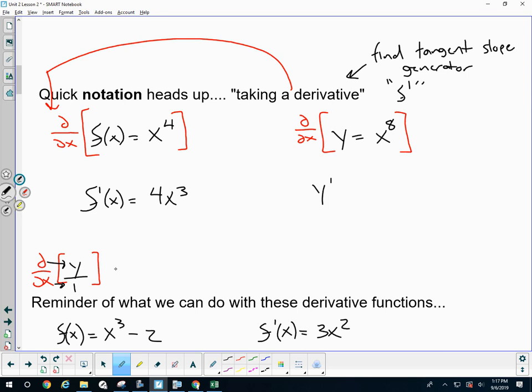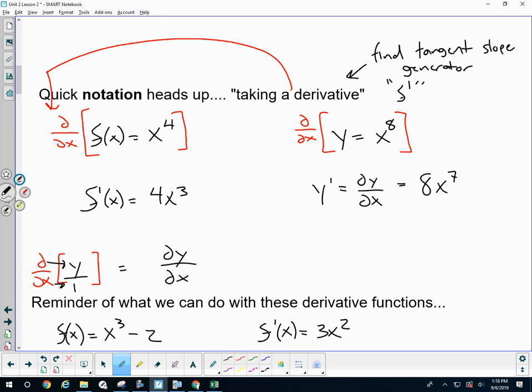And I get, after doing this multiplication, dy over dx. And I'm saying that we need to be comfortable saying y prime, oh, that's the same as dy over dx. And that, for x to the 8th, ends up just being 8x to the 7th. You might start to see the pattern.